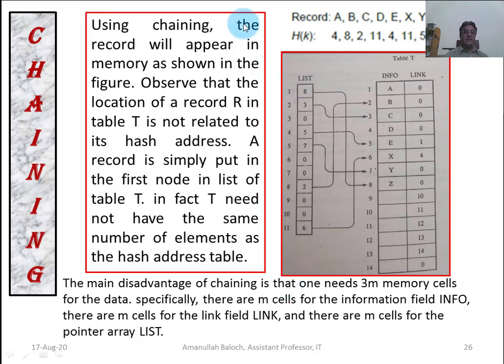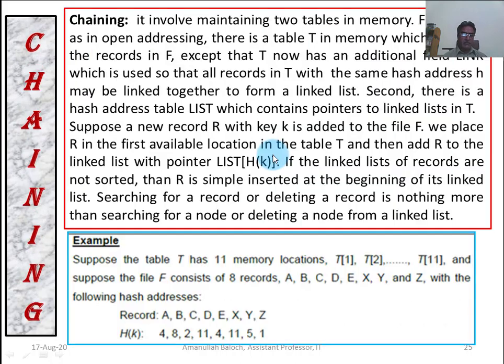Using chaining, the records will appear in memory as shown in the figure above. Observe that the location of the record R in the table T is not related to its hash address. This is the list which contains 11 memory locations. T has 11 memory locations.